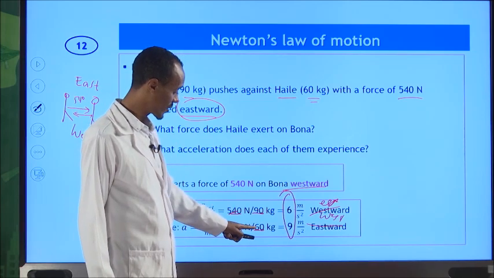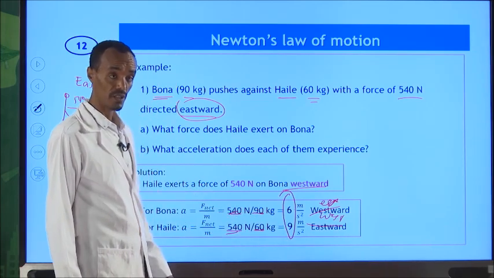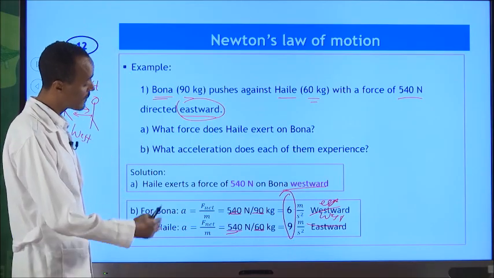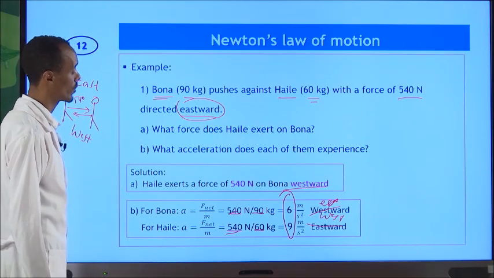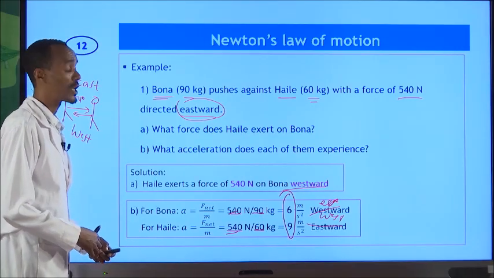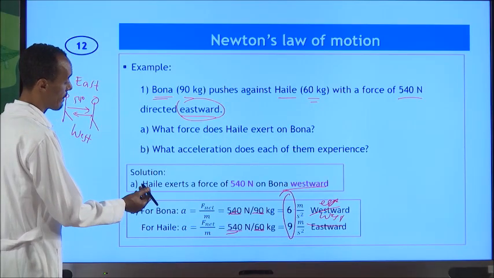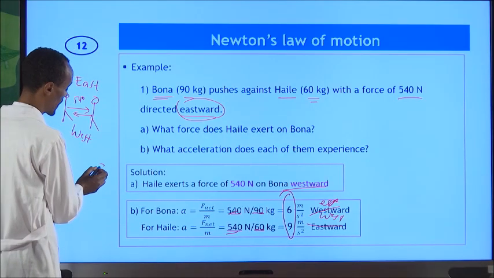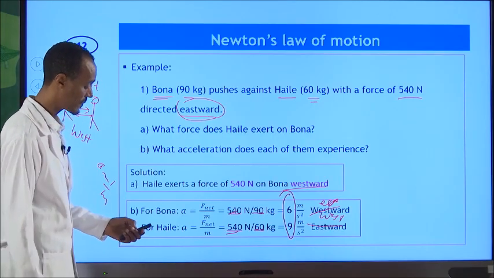If the mass is smaller, the acceleration is relatively larger. This reminds us of Newton's second law of motion. For the large mass, the acceleration is small. Acceleration is inversely proportional to the mass.